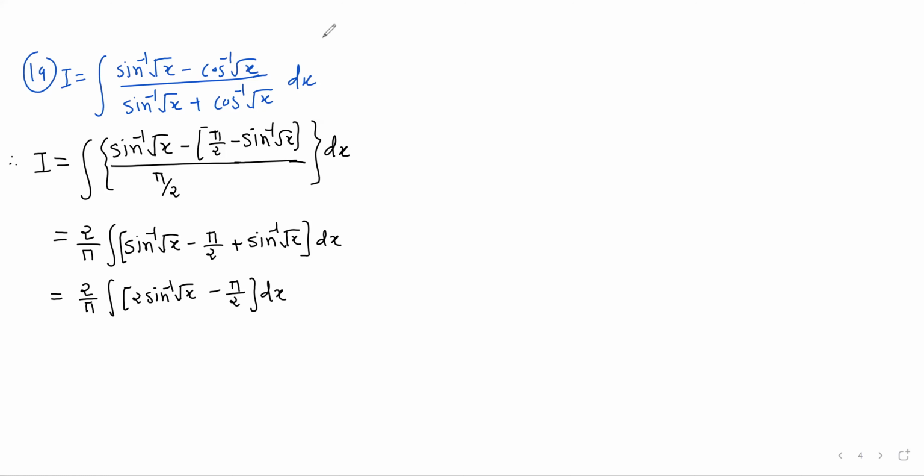Okay. Now separate out the integration sign. So 2 by pi multiplied with this term, it becomes 4 by pi integration of sine inverse root x dx. Again minus 2 by pi integration pi by 2 dx.